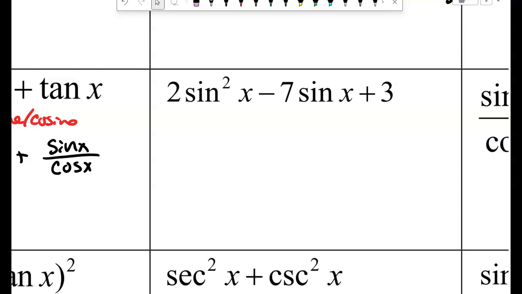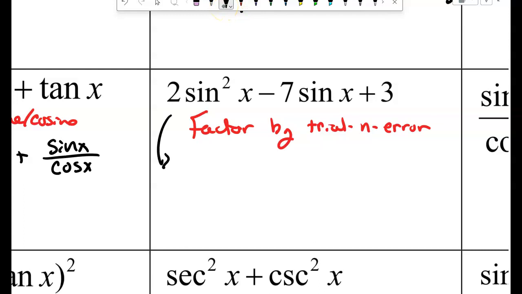So trial and error, right? So when you see this one, you need to think factor. I don't know why I didn't put that on there. Here we go. Factor by trial and error, or guess and check, whatever way you want to say that. So let's do it real quick. That was that very first worksheet we had of our algebra review skills.